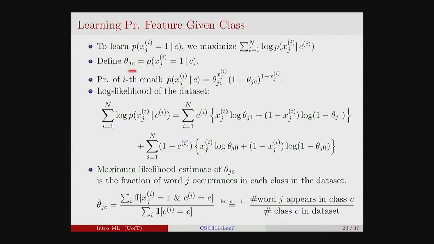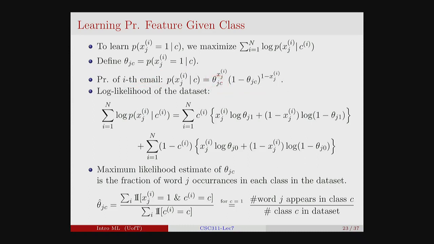And so theta jc is going to represent the probability that feature j is equal to 1 given class label C. And so the probability of the ith email having feature j be 1 is equal to this probability.